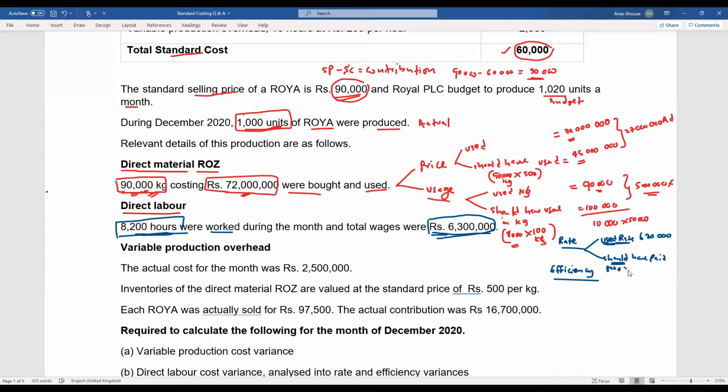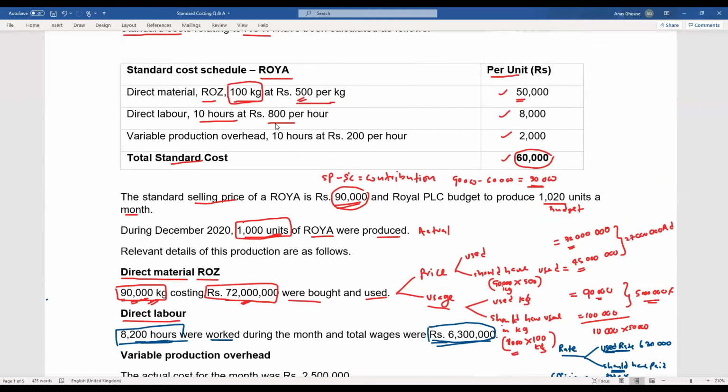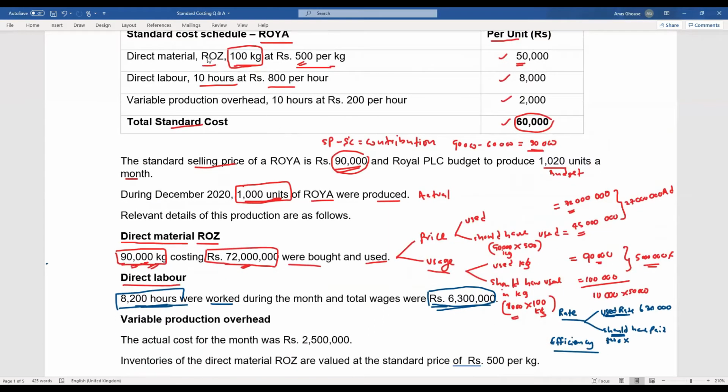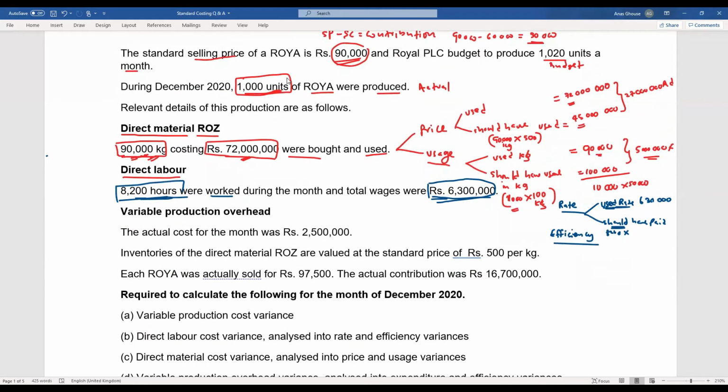Our plan was to pay 800 per hour. So if you take 8,200 times 800, what will be the value? That will be 6,560,000.